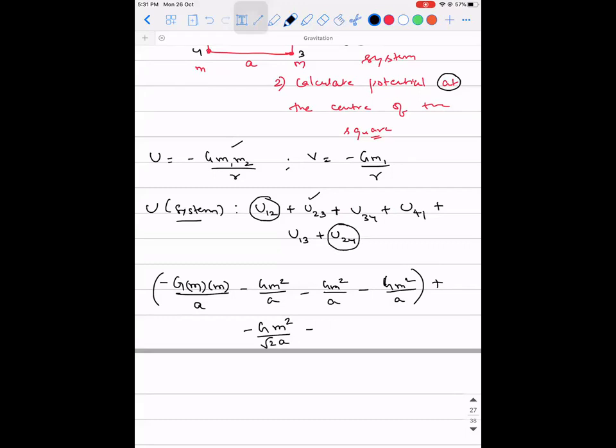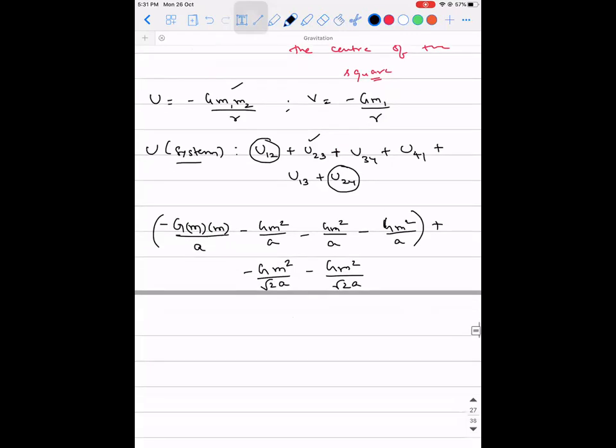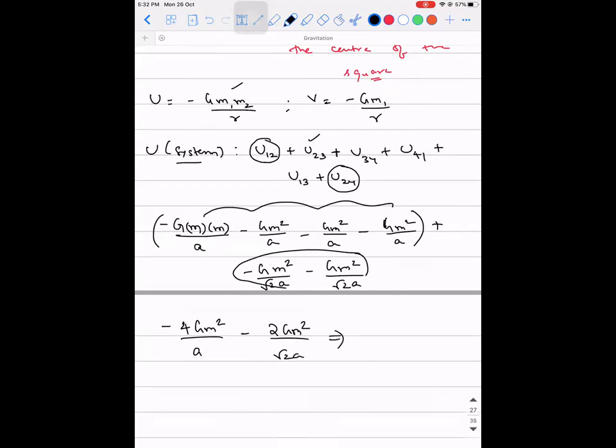Minus, what is the potential energy between 2 and 4? It is the same, minus G M square divided by root 2a. So all these added together, you will get minus 4 times G M square divided by a, minus these two added together, you will get 2 G M square divided by root 2a, which implies it is minus G M square divided by a into 4 plus root 2.